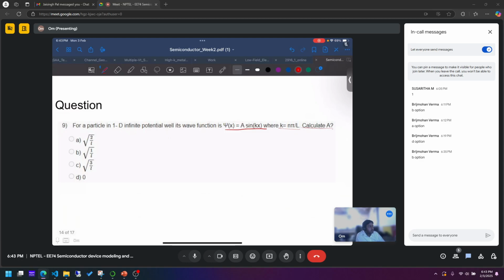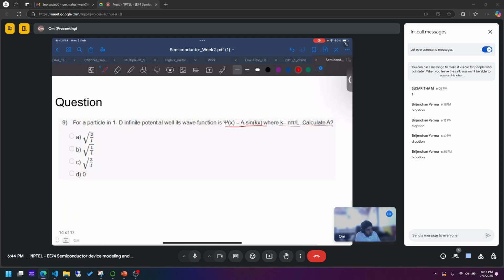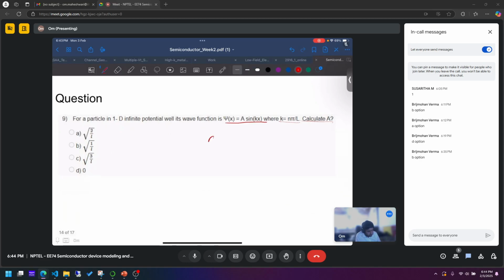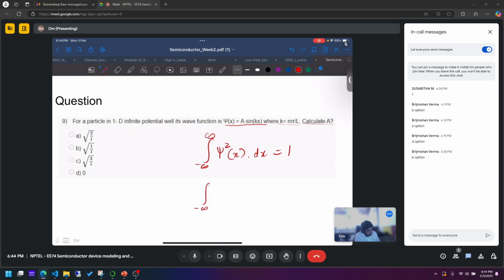To do this, what we just have to do is apply the normalization condition, that is, the integral from minus infinity to infinity of psi square x dx is 1. So we have the integral of A square sine square kx dx equals 1.